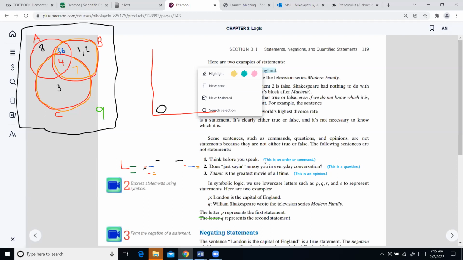Well, so what is not a statement? If you look at example 2 here, that has a question mark, so it's not going to be a statement because it is a question. So again, a statement may be only correct or incorrect, but there are other things that may be around.